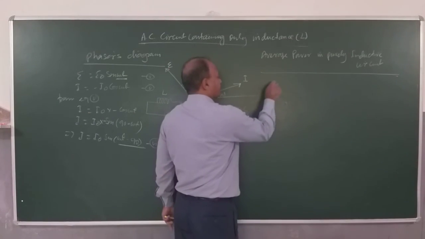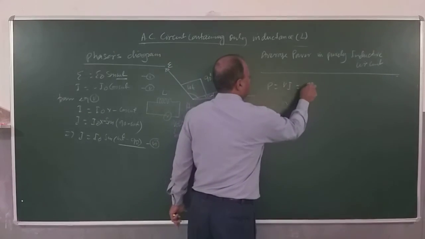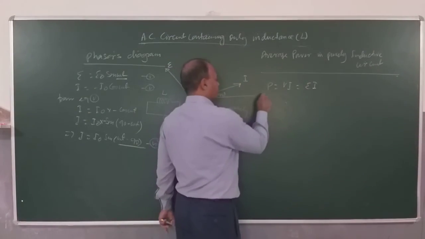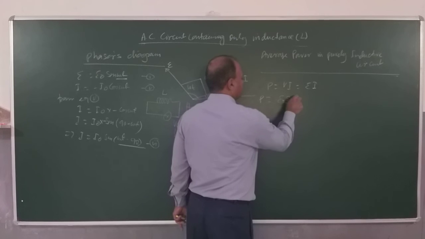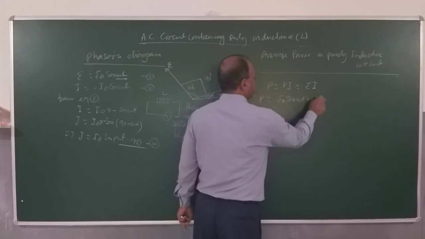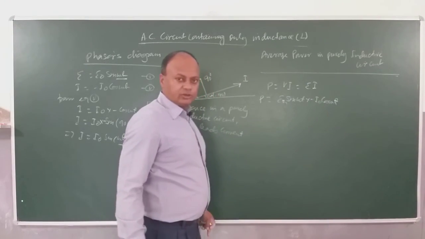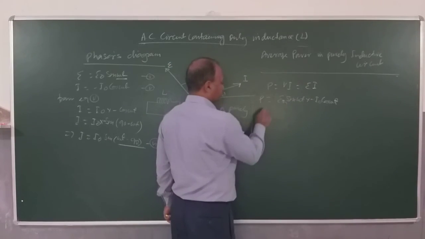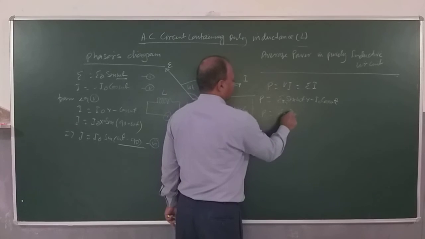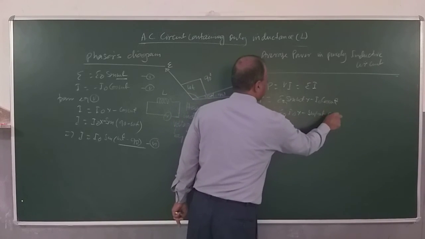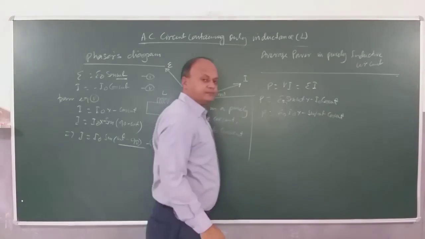Children, P is equal to how much? V into I, which will be E into I. Clear? P is equal to E is how much? E naught sin omega t, and I is minus I naught cos omega t. So you can write P is equal to E naught I naught minus sin omega t cos omega t.